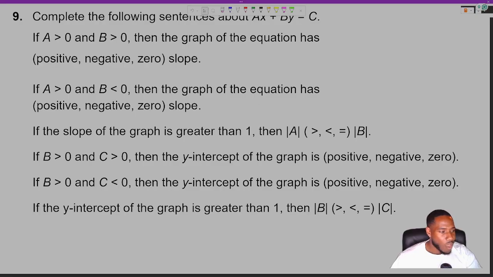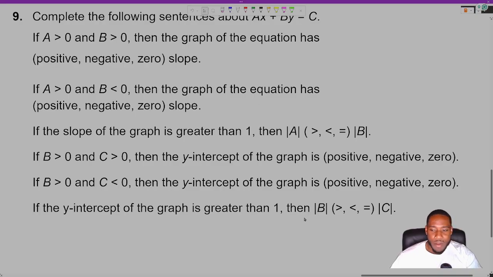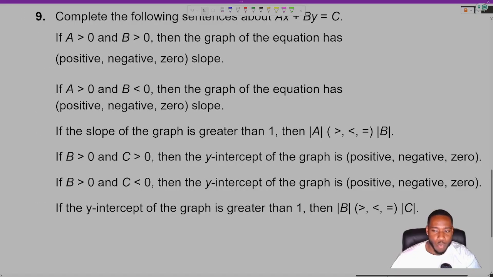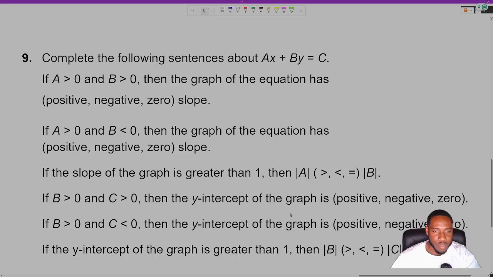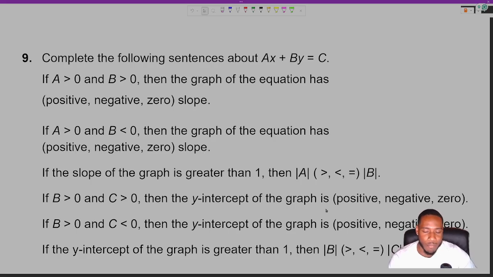And now we're going to finish off with number 9 here, where we can pick through all the work we've done through this worksheet to help us answer these questions. Because the idea here is they want us to think about standard form, they want us to think about all the algebraic movements we've been doing, and they want us to give information about this equation given a few bits of context they provide to us.